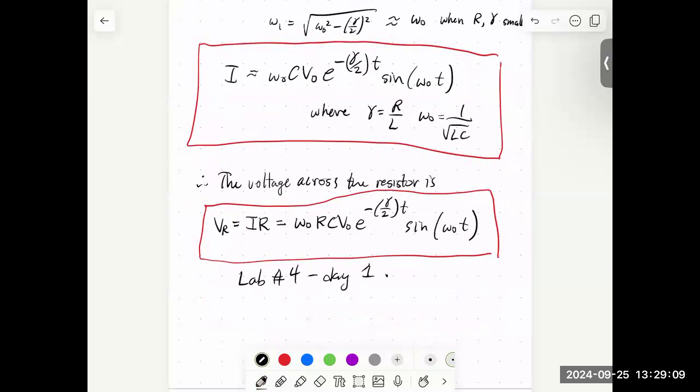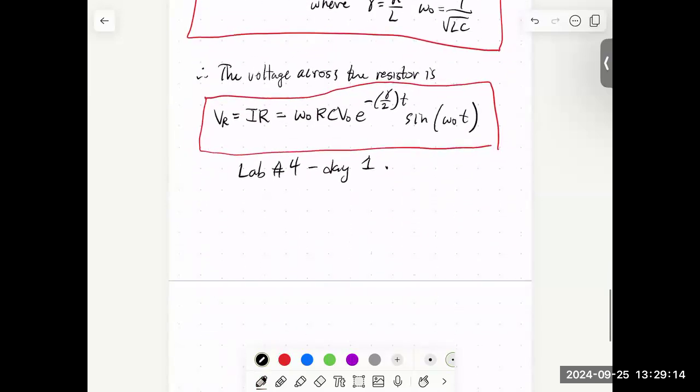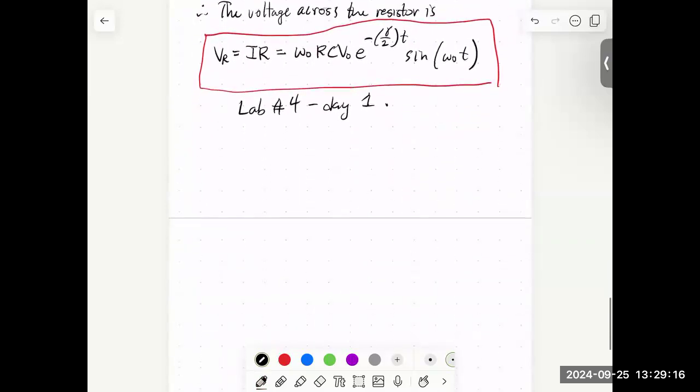Okay, the sorts of things that you'll be interested in, let's plot what that would look like. So here's t, and here's the voltage across the resistor. Now, if we go to t equals 0, we'll get the sine of 0, which is 0. So this is going to start here.